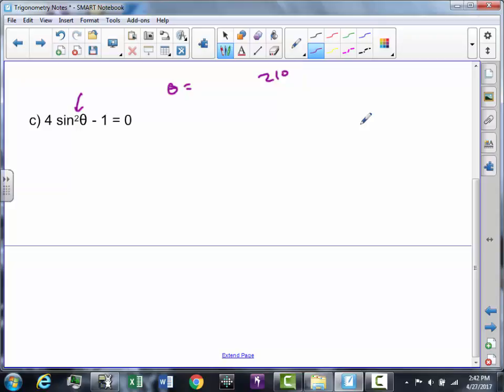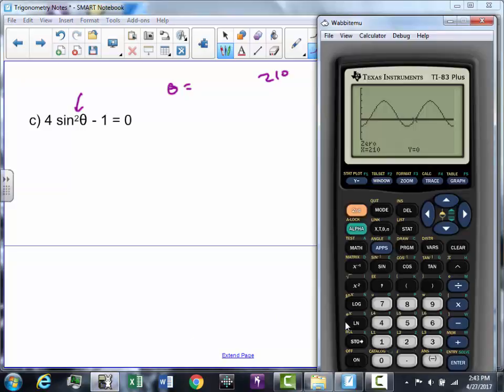If you guys solve for another one, just let me know and I'll add it to our list. I got 210. Well, 150.